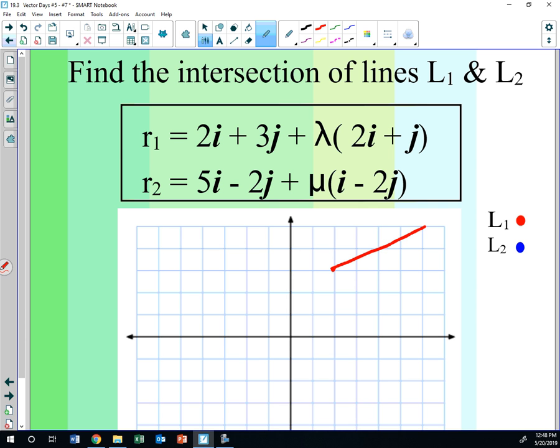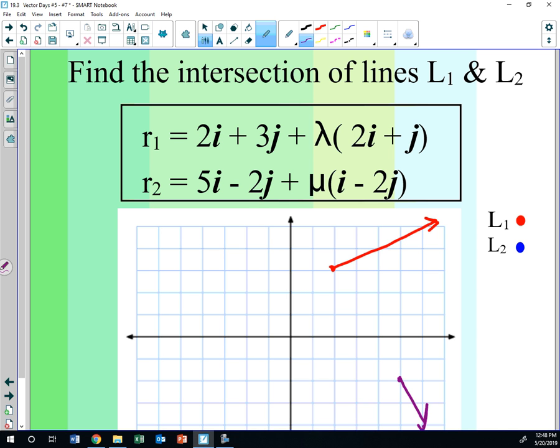So here's the line, going like that. This one is 5, 1, 2, 3, 4, 5, down 2, and we're going in the direction, let's see, forward 1, down 2, right? Forward 1, down 2, okay.